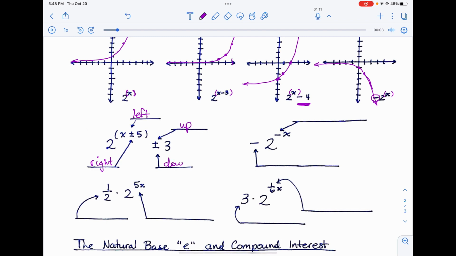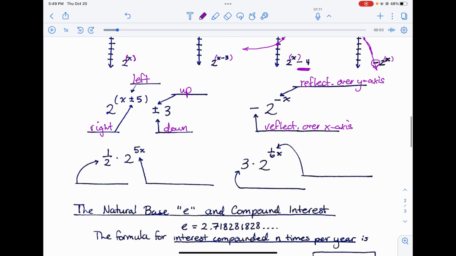Minus 3 would be a shift down. The minus sign in here is going to be a reflection over the y-axis. It's going to flip left and right, whereas the minus sign over here is going to be a reflection over the x-axis.